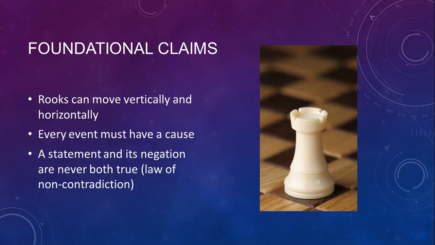Here's another class of things we call foundational claims. So these are claims that maybe they could be analytic claims. Some of them aren't clearly analytic claims, but they're just claims that you have to believe in order to make sense of the world. So, every event must have a cause.